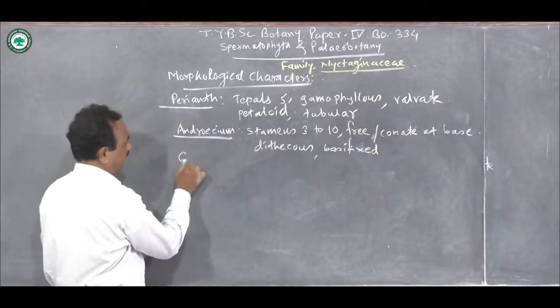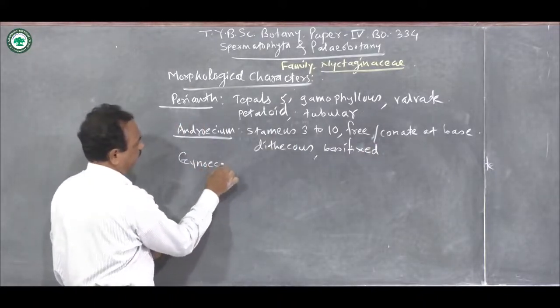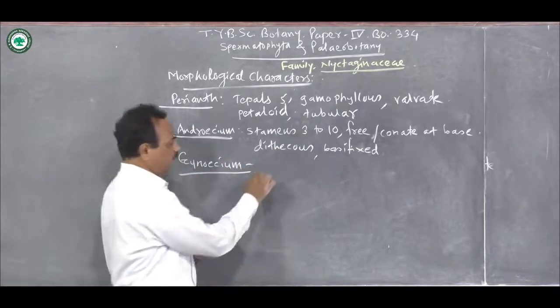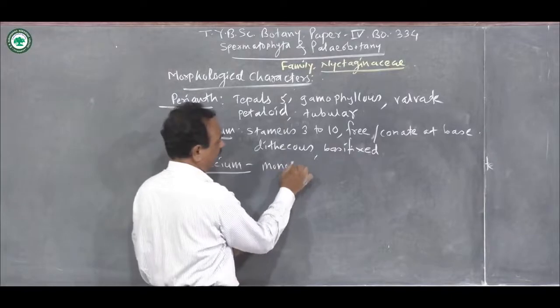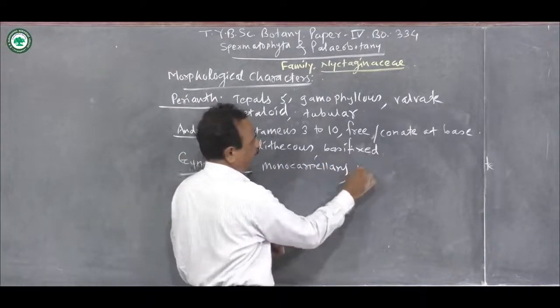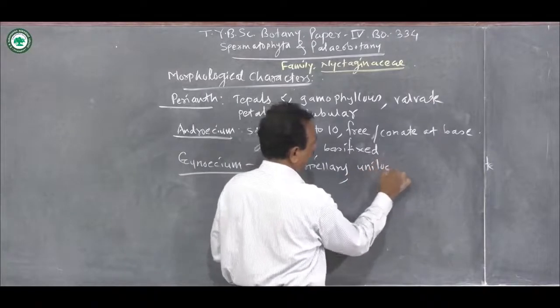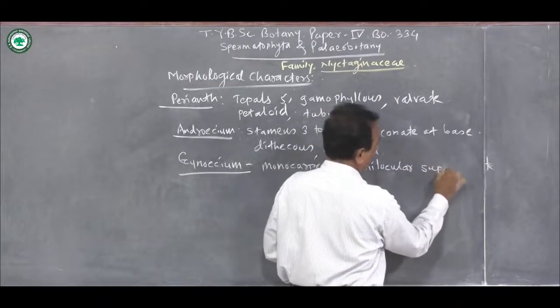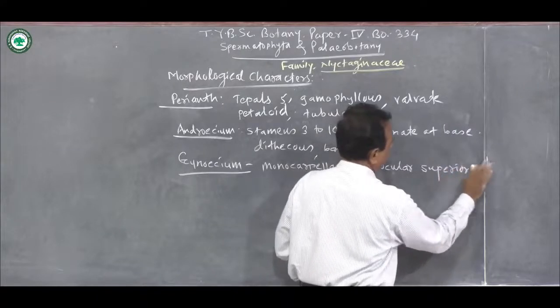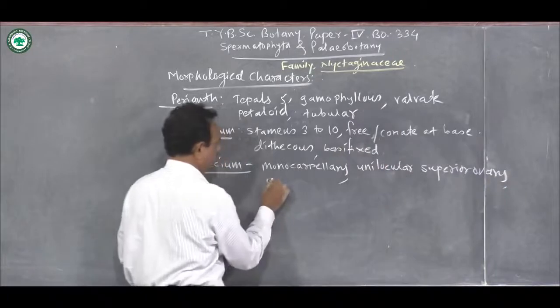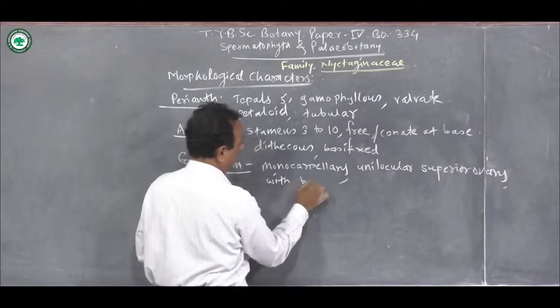Then if you see the gynoecium, it consists of only one carpel, so it is called monocarpellary, unilocular, superior ovary with basal placentation.